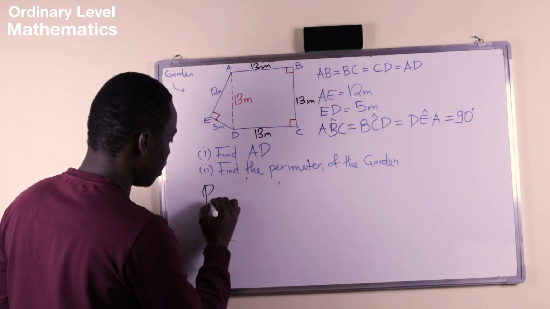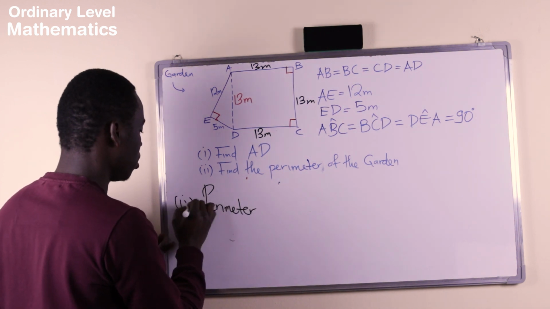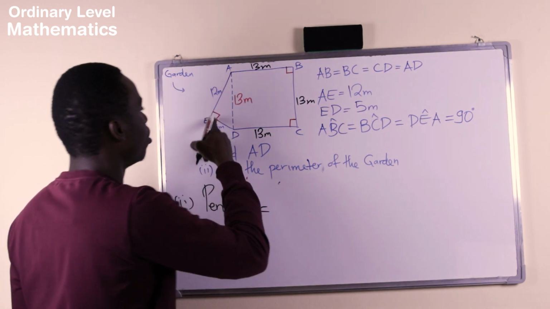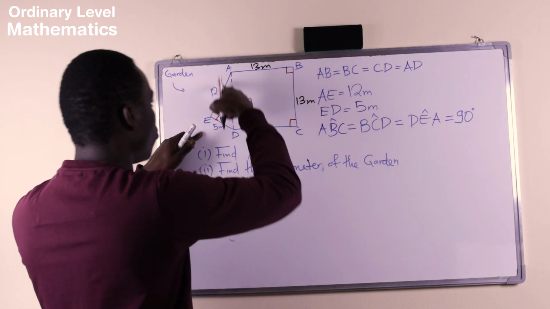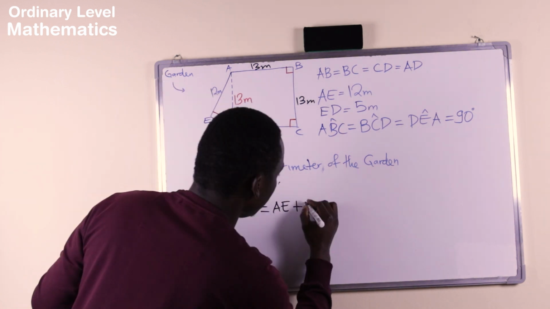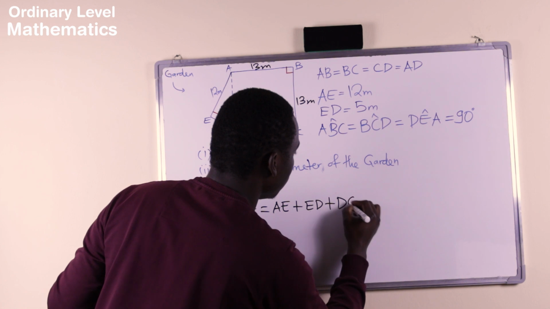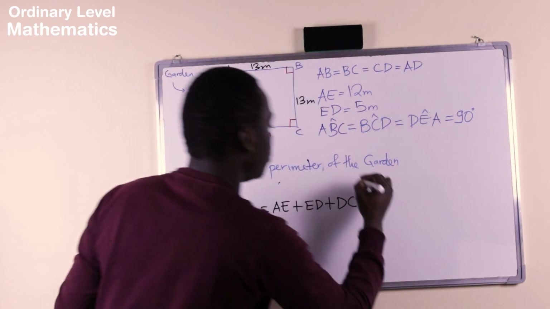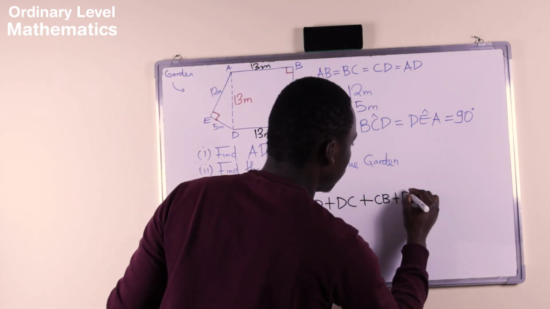Perimeter, this is our second question, is equal to, we start from here to here to here to here, going round. So, this will be AE plus ED plus DC plus CB plus BA.